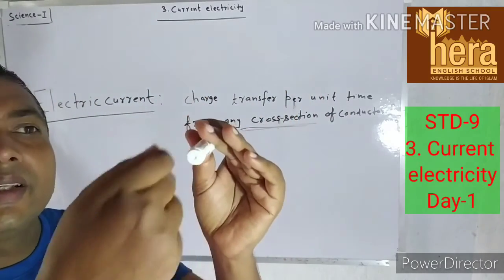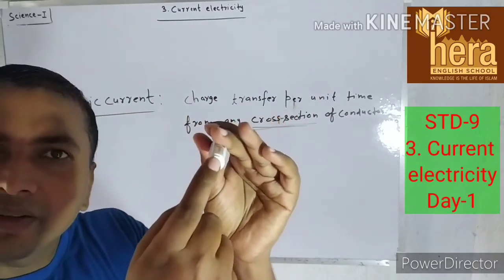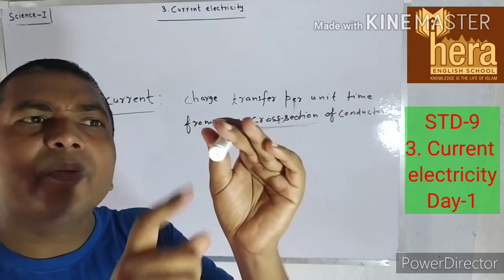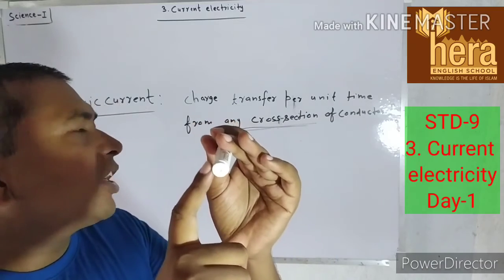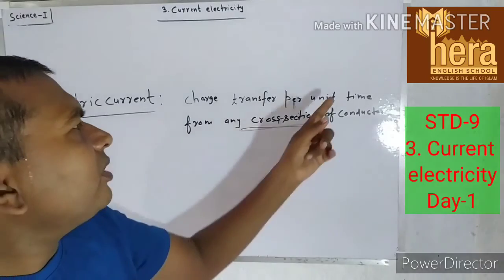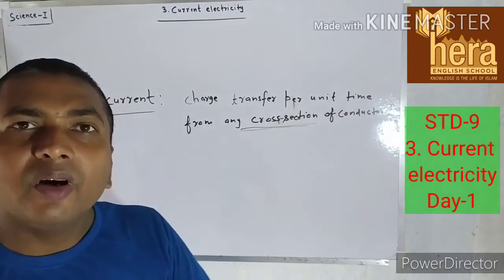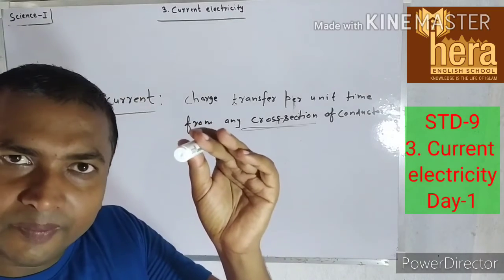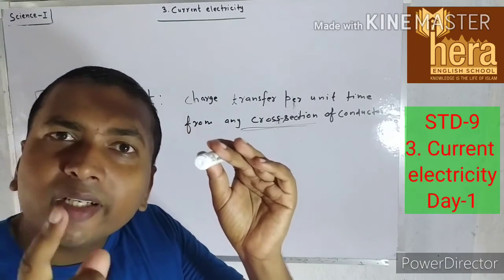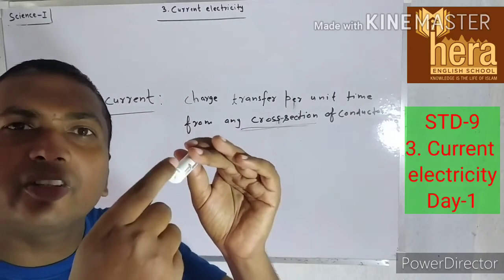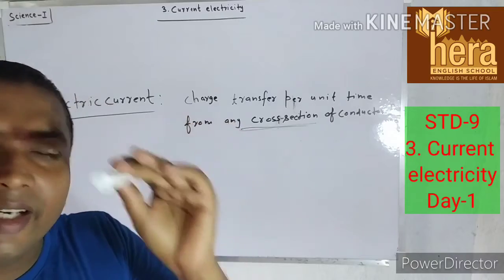So the charge transfer per unit time from any cross section of a conductor is known as electric current. Per unit time means how much charge is passing through this cross section in unit time.